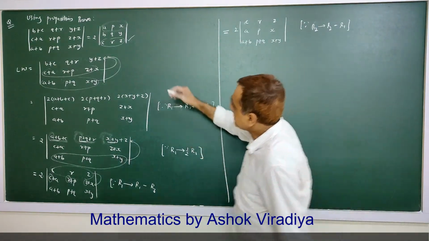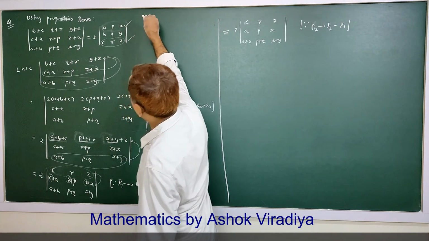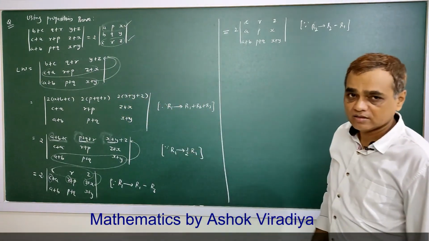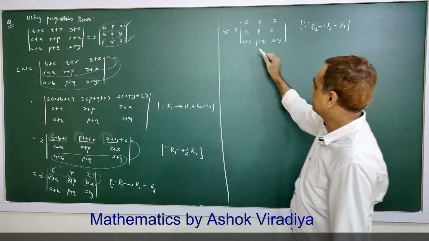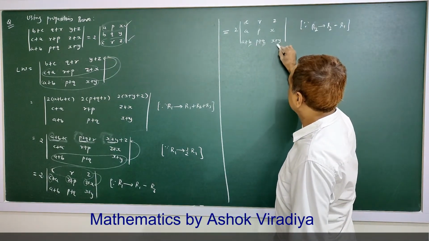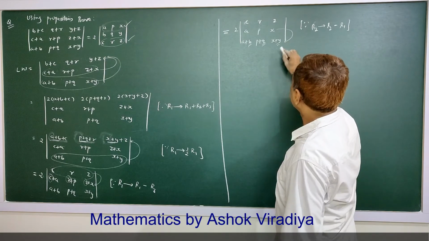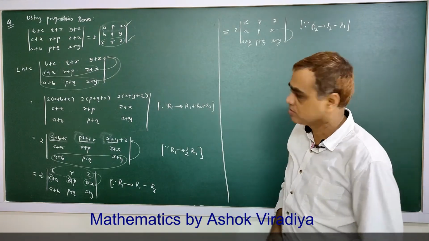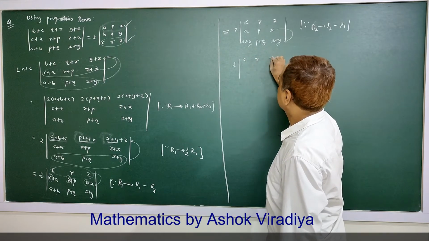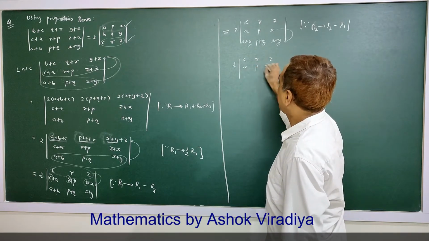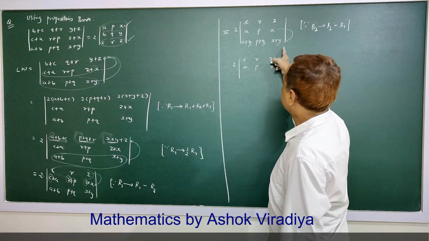So see, APX is obtained. This line is obtained. Then BQY is left. This can be obtained by subtracting the second row in the third row. So now the next step is 2 into CRZ, APX. Now this line I am subtracting in the third line.